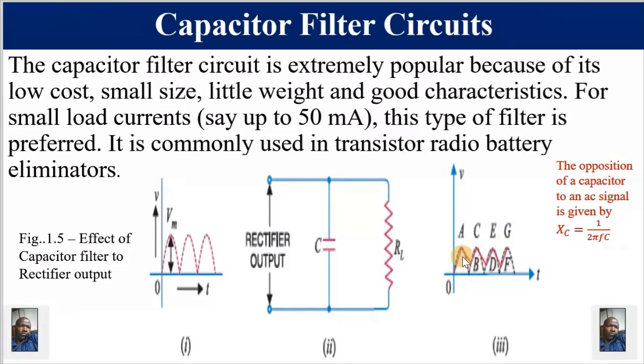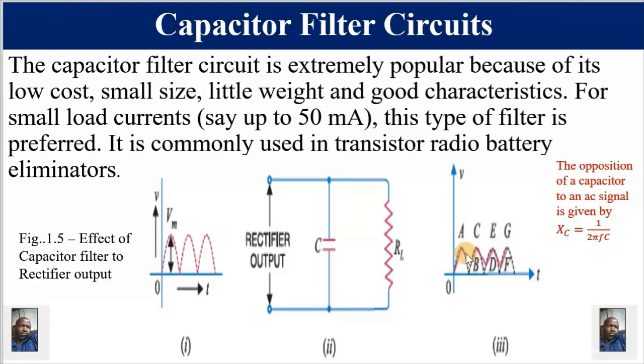So when this voltage is decreasing, the capacitor starts discharging, but it won't have time to discharge to zero as happens with the pulsating DC, because at this level it is going to start being charged again by the rising pulsating DC. When it gets to its peak, the pulsating DC is going to start decreasing to zero, and the capacitor is going to start decreasing also. But before it reaches zero, it is going to be charged again by the rising pulsating DC voltage, and this is going to continue like this.